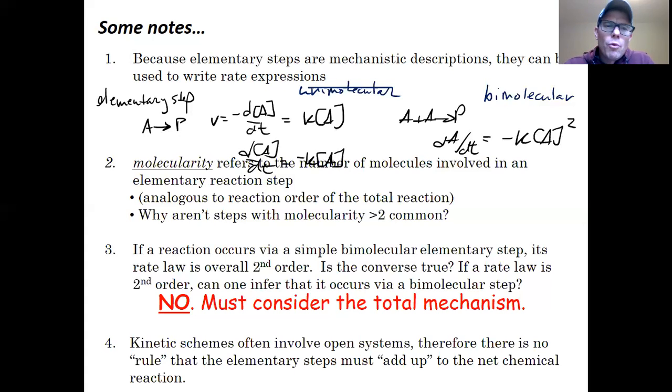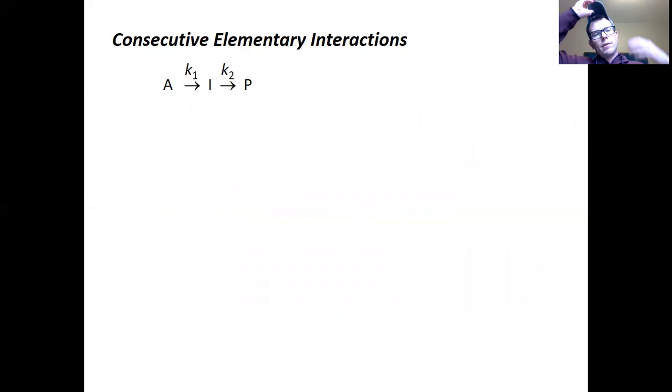Okay, we're going to start deriving some rate laws. The name for this is sometimes called consecutive elementary interactions. It says interactions, but it should be reactions. Consecutive elementary reactions.